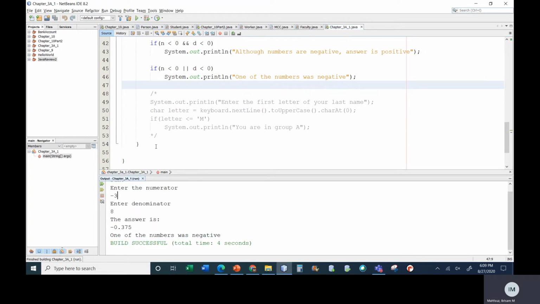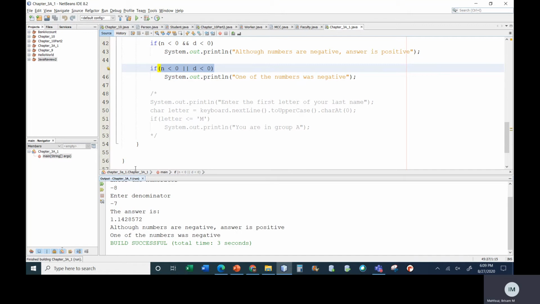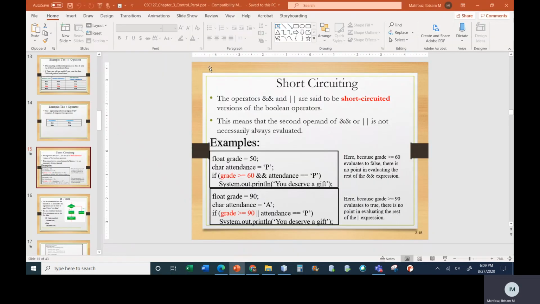Why? Because it's an or. Only one of these has to evaluate to true. If I do the opposite, the denominator is the one that's negative, I still get it. If both are negative, I still get it, because the or means at least one of them is true. So that's how you would do an and an or.